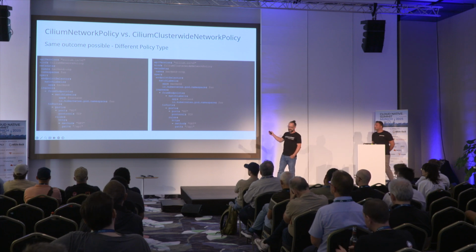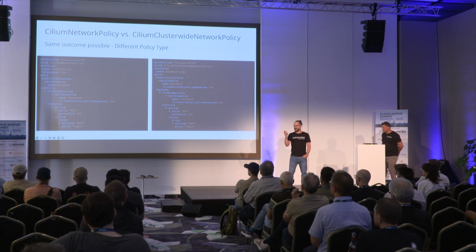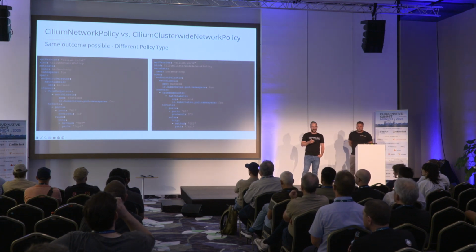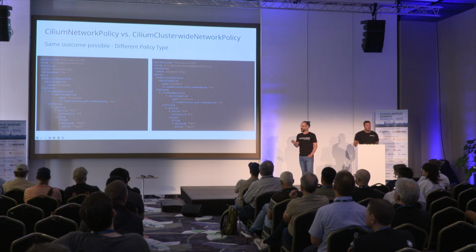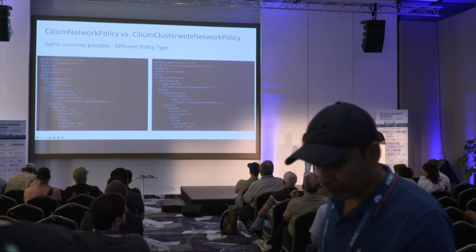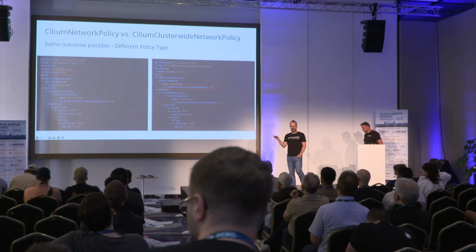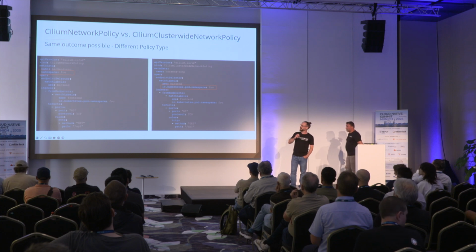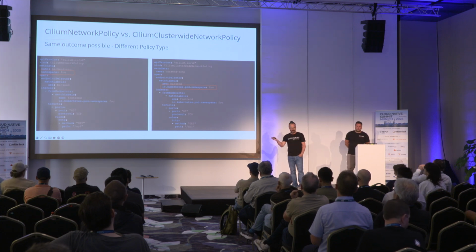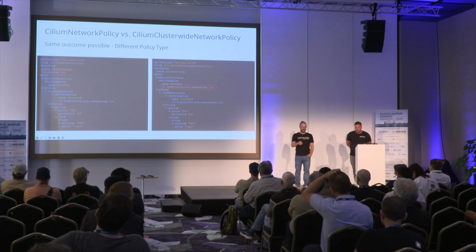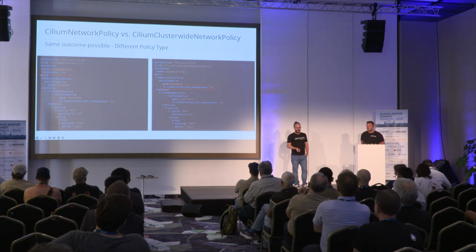And on the right-hand side, you see the cluster-wide network policy that has the exact same outcome, which means they are targeting the same endpoints and allowing the same traffic. It's just the difference in where you define the namespace to be targeted, right? As the one policy is namespaced, obviously it only lives in one namespace, but also with cluster-wide policies, you can target just a specific namespace.